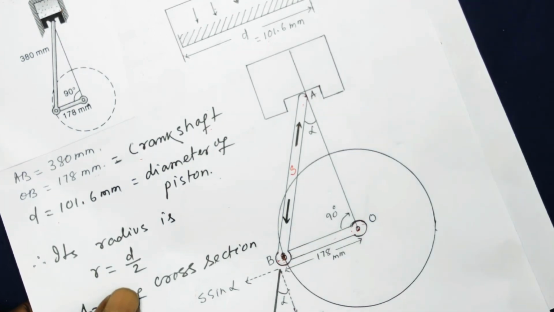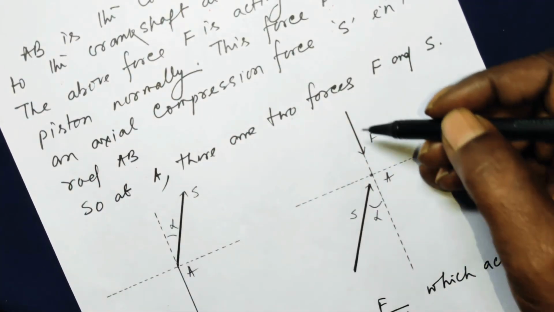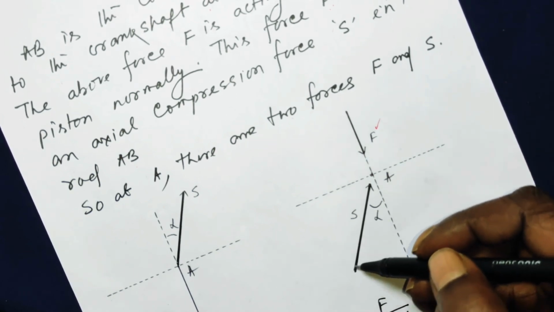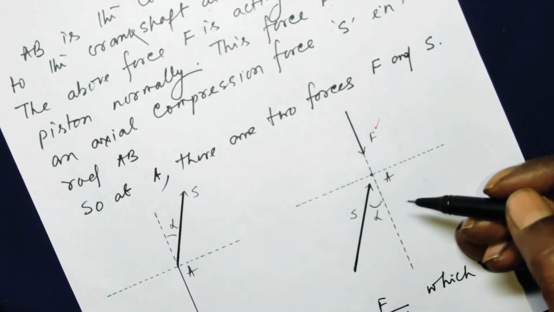There are two forces at A, which I have shown here. The force F is due to the pressure on the piston, and this is the axial compression force S in the connecting rod AB. So, what do I do?